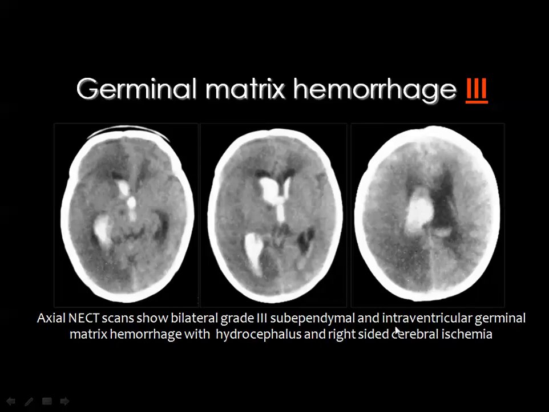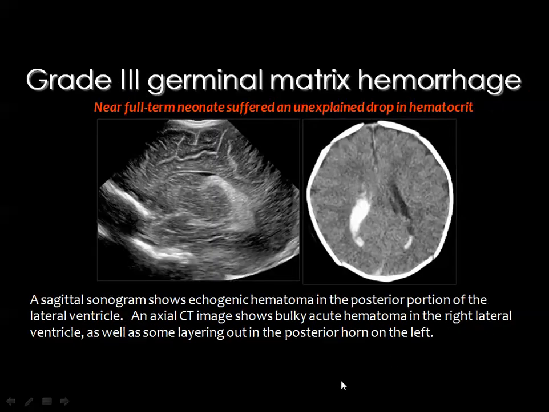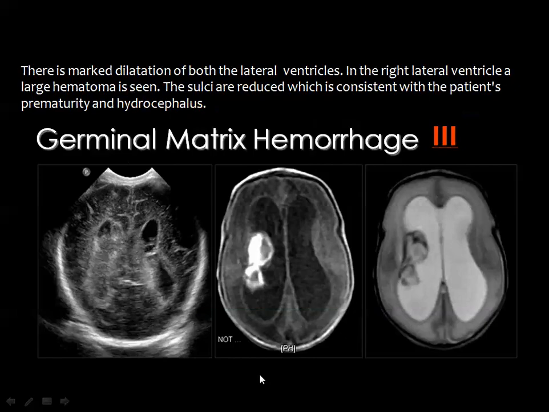But in this stage 3 hemorrhage, you can see hemorrhage in the germinal matrix and intraventricular blood, and the ventricles are dilated. And this is grade 3 germinal matrix hemorrhage by sagittal ultrasound, and you see the echogenic blood within the ventricle, and the ventricle is dilated, and also you see the hyperdense blood within the ventricles, and the ventricles are mildly dilated.